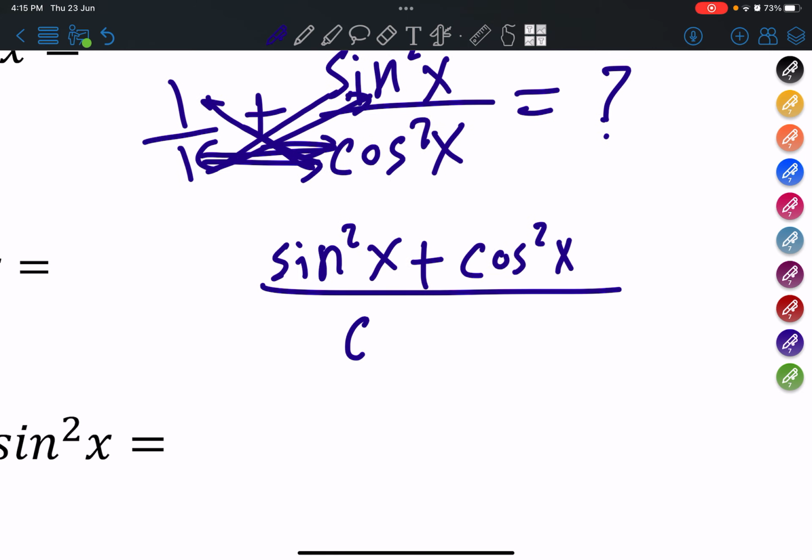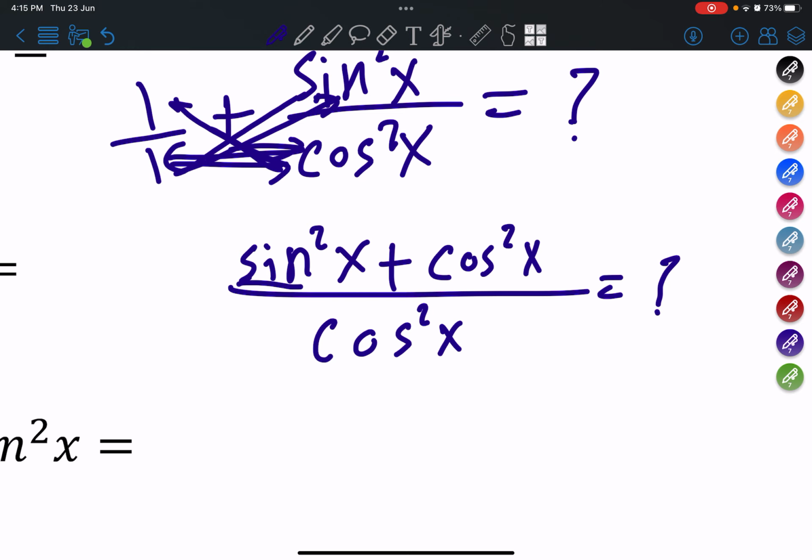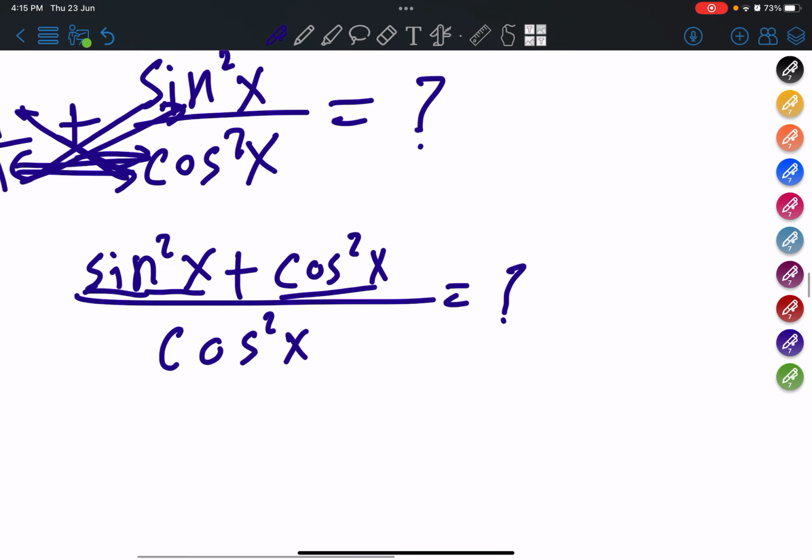So 1 times cosine squared x is going to equal 1 cosine squared x. Okay? Now what will this equal to? So what we essentially can do is sine squared x plus cosine squared x is equal to something.